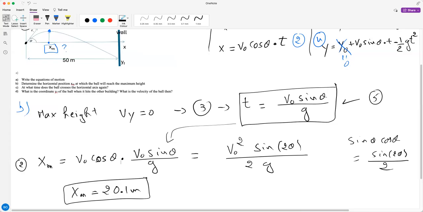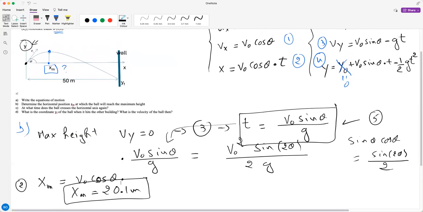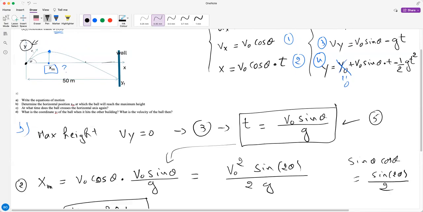Now this is question B. What is question C? At what time does the ball cross the horizontal axis? So we are looking at the time at which the ball will cross the horizontal axis. This means the horizontal axis is this, so we are talking about this point, the ground level from where we threw the ball.